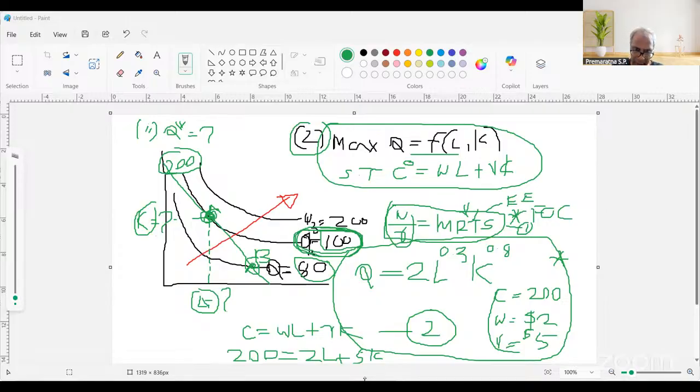So also I can ask a question. In the second part of the question, let's say the market demand has been predicted to increase next week, and instead of 100, now the management has decided to produce 150.